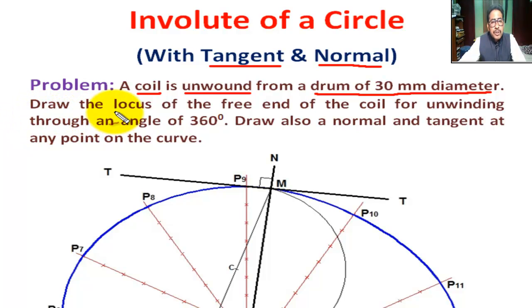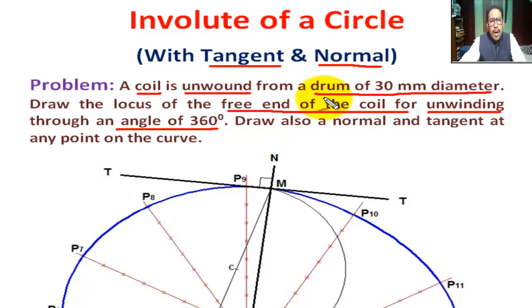Draw the locus of the free end of the coil for unwinding through an angle of 360 degree.